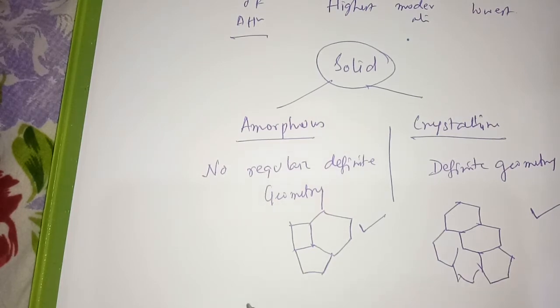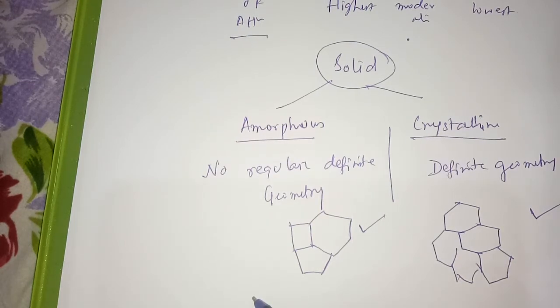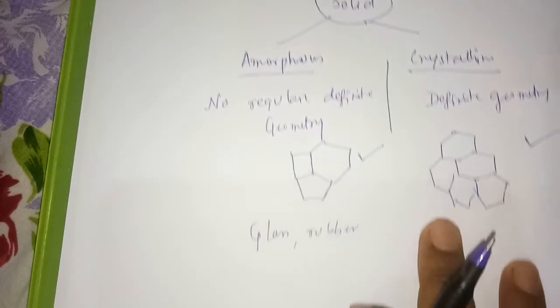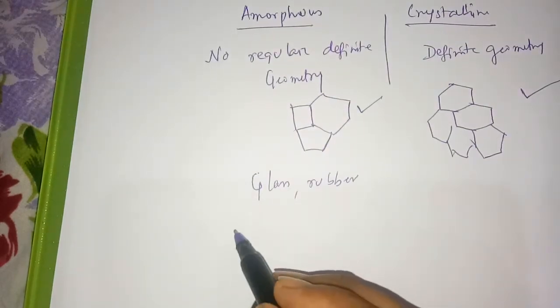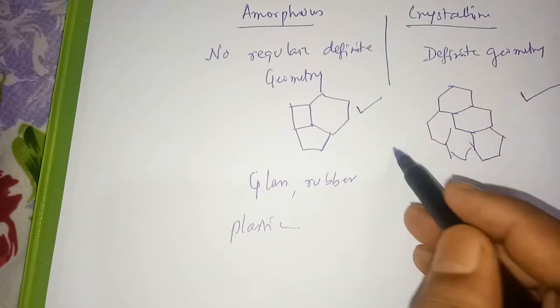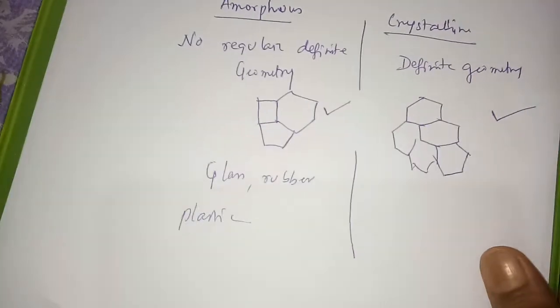Amorphous solid example you can take glass, rubber, plastic. Crystalline solid having sharp melting point.